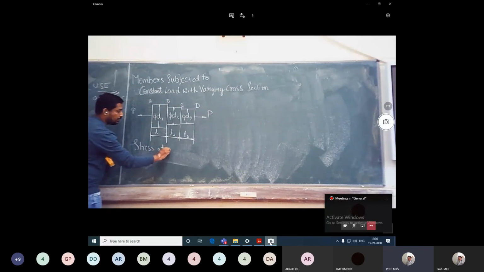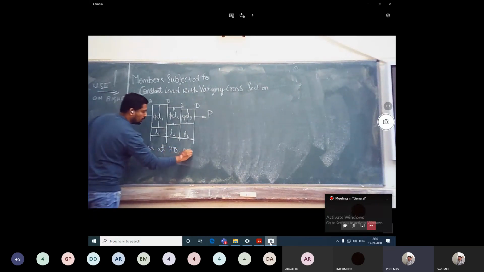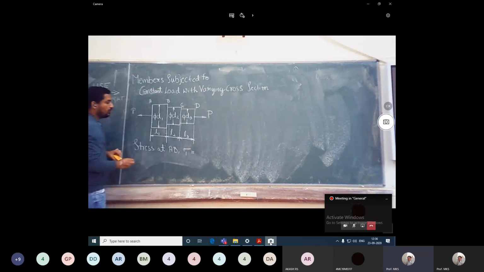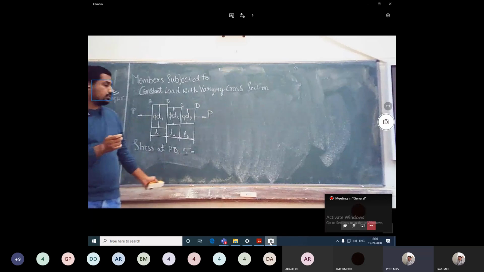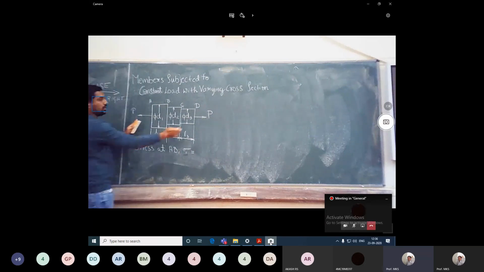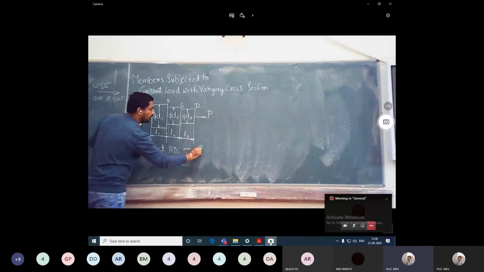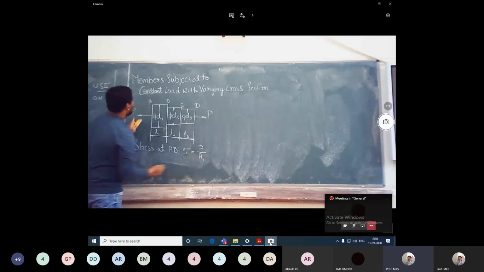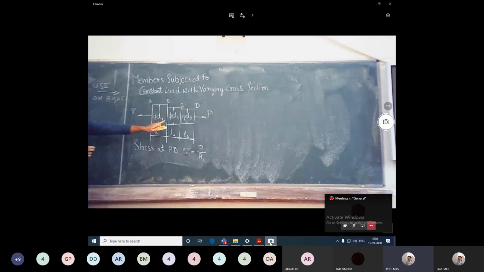Sigma is given by force by area. The force acting is P. The area, you need to take the cross-sectional area at AB, with respect to diameter D1. So sigma 1 is equal to P by A1, taking the area at AB as A1.